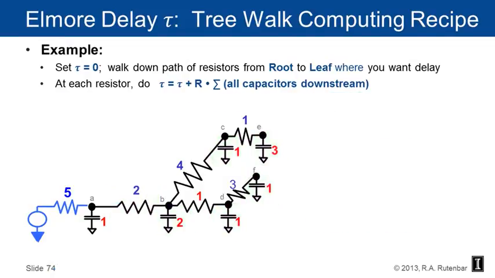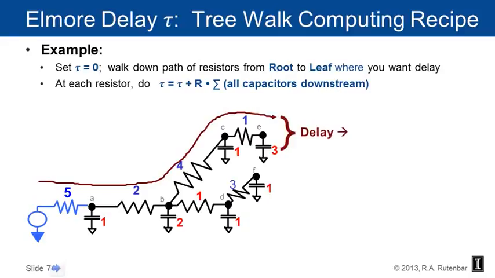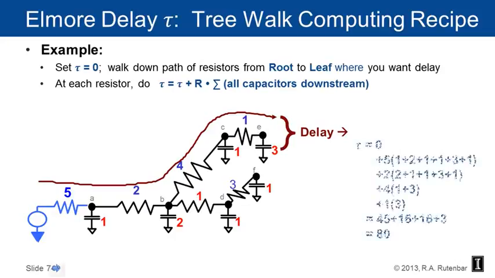Okay, so let's just take a look at it. So here's the tree again, with nodes A, B, C, D, E, F. We want to calculate the delay to a particular point in this tree. So where are we looking? We want to go down the 5 resistor that goes into node A, then A to B, B to C, C to E. We want to calculate the delay for the capacitor that's at node E. And so we just use the formula.